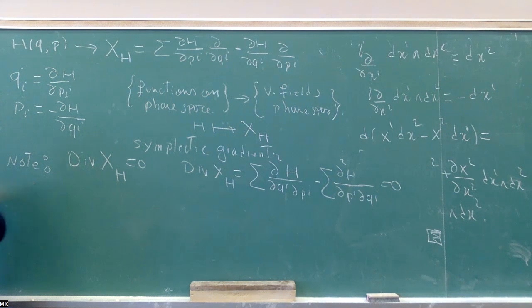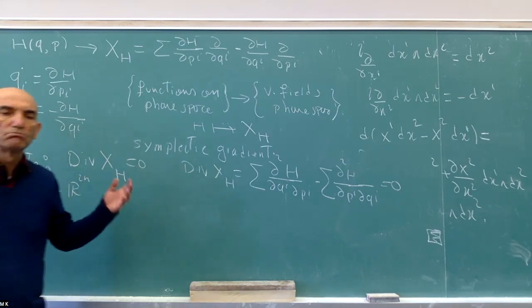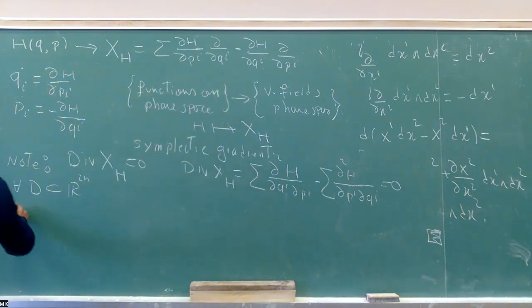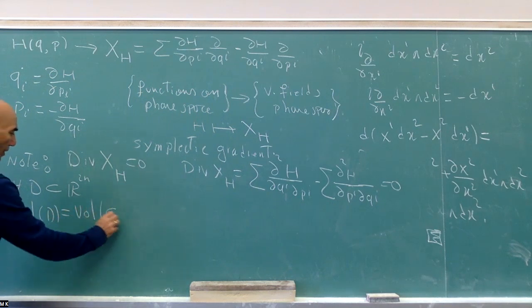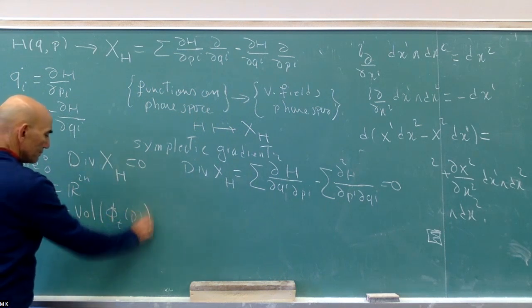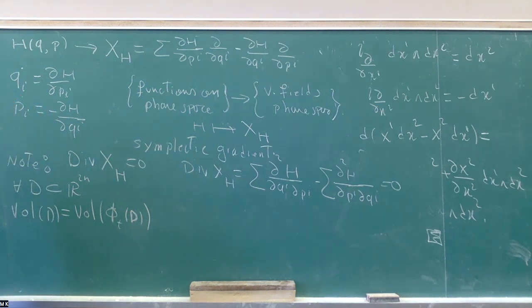So now the volume preserving property. We want to show that for any D inside R^2n, some bounded open nice subset, the volume of D is equal to the volume of phi_t of D, the Hamiltonian flow phi_t of D, right?